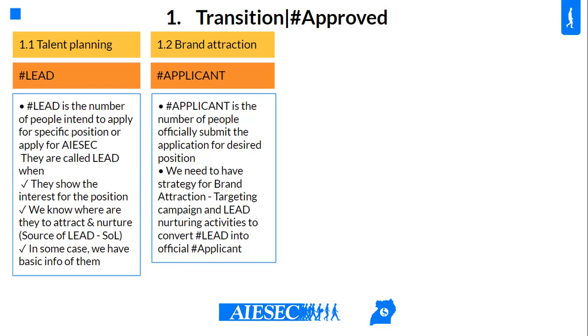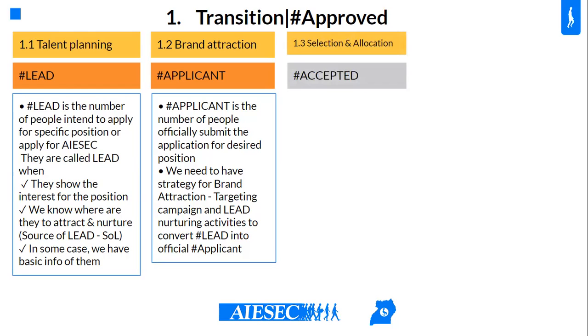We need to find the people that we know want to join ISEC and have nurturing activities to convert them from a lead to an official applicant. This can involve activities like having an info session, so that people who want to join ISEC but don't understand it enough to apply actually move from a lead to an applicant.